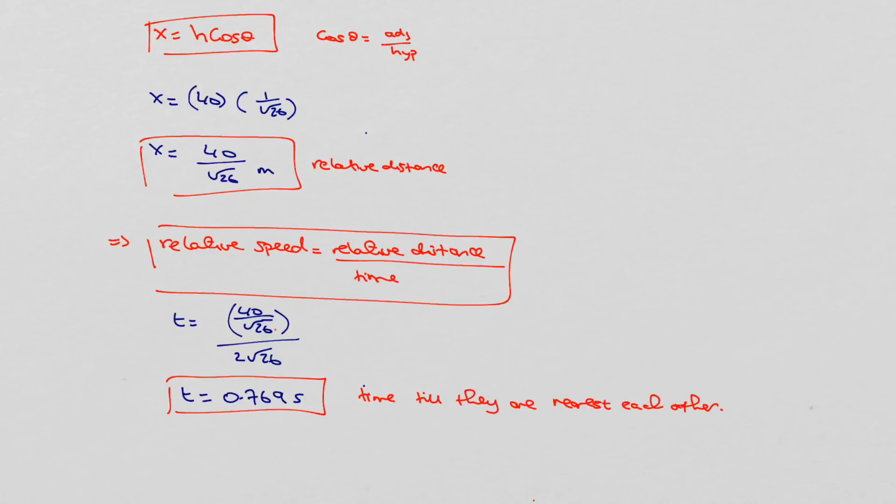Okay, so now we need to know how far A has moved in that time. So we know for A, A has already been moving, not 20 seconds, 22 seconds, I should say there, sorry. So the time it's spent moving is going to be 22 plus 0.769 seconds.